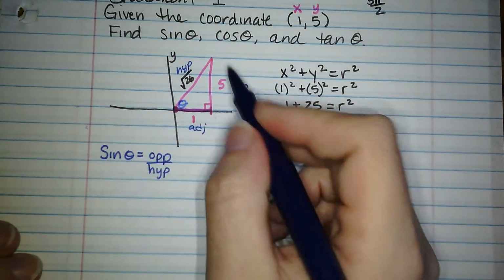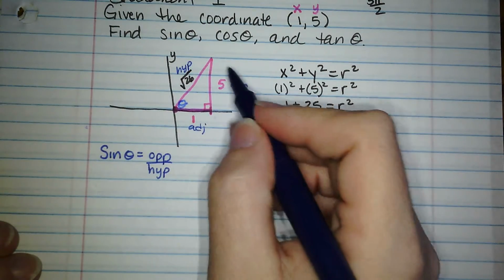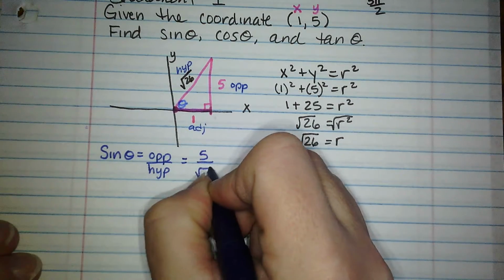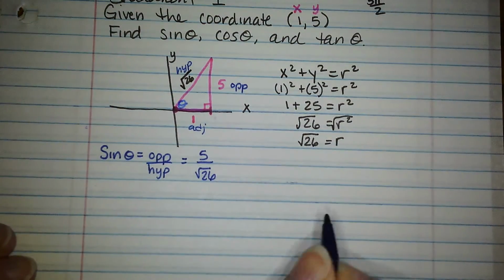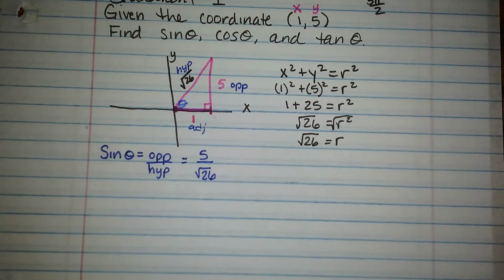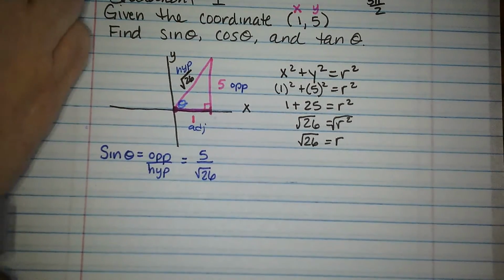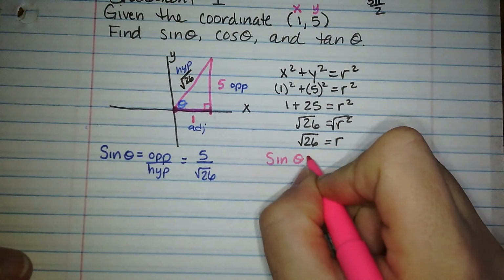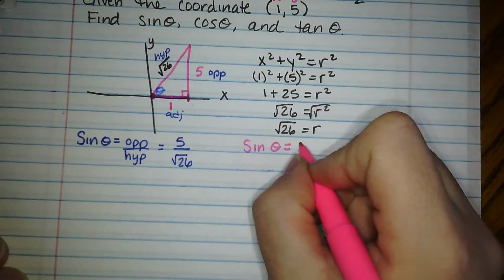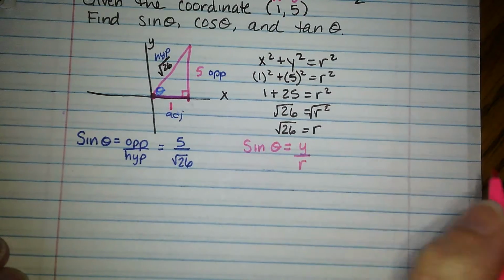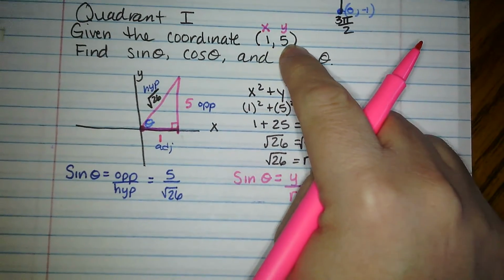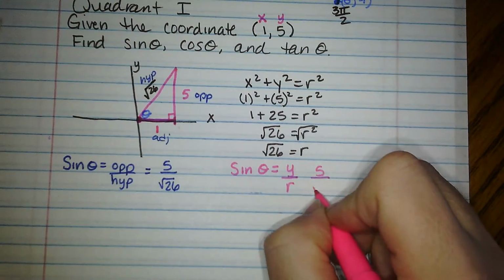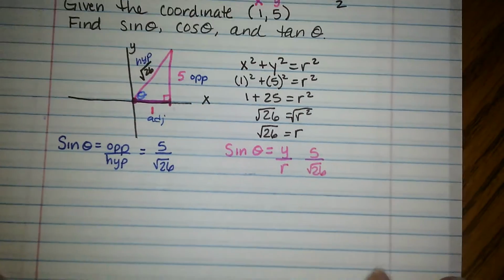So instead of labeling all of this and doing opposite over hypotenuse and getting 5 over the square root of 26, I can just say instead, check this out, that the sine of theta is now y over r. My y coordinate is 5, and my r is the square root of 26. This goes a little faster.